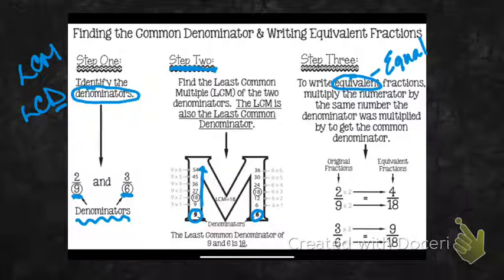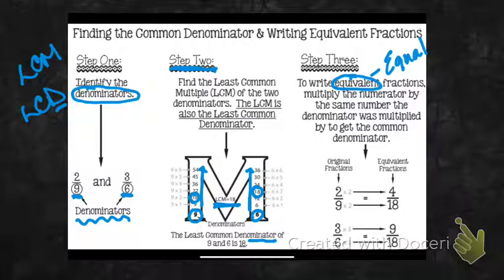Here's 6, the other denominator, and they list the multiples of 6. Then they circled the least common multiple, which is 18. So not only is that the LCM, but that's now also considered the LCD, or the least common denominator.